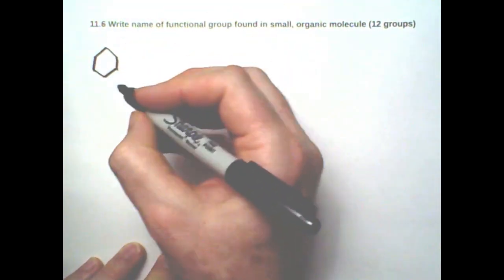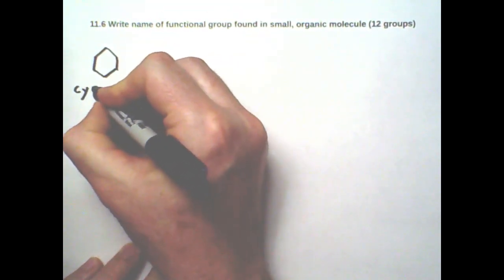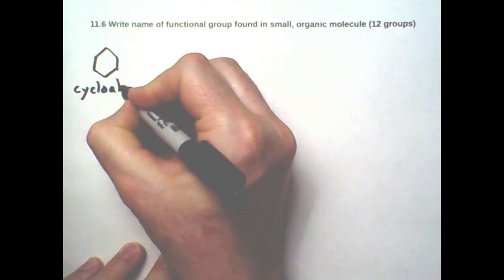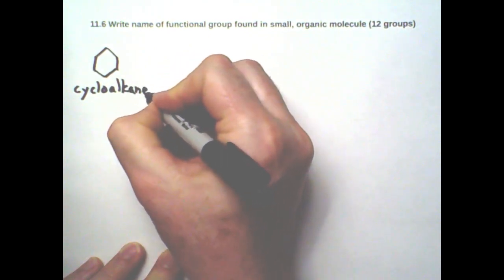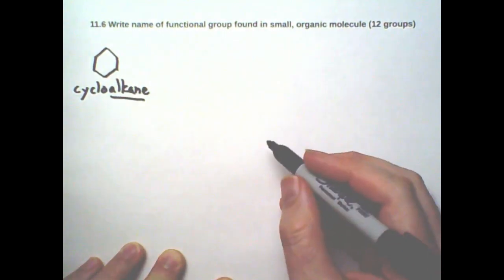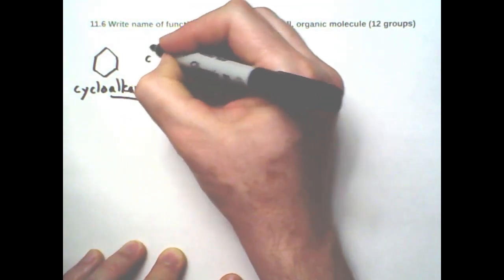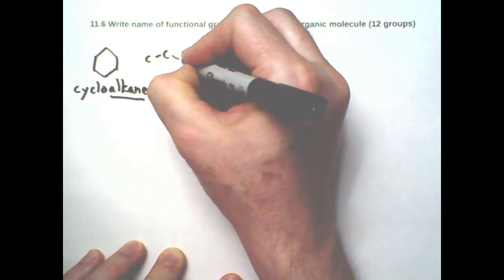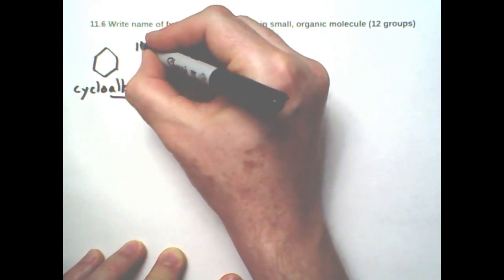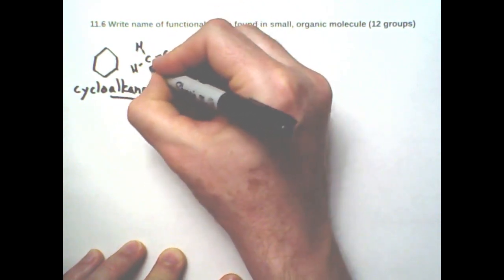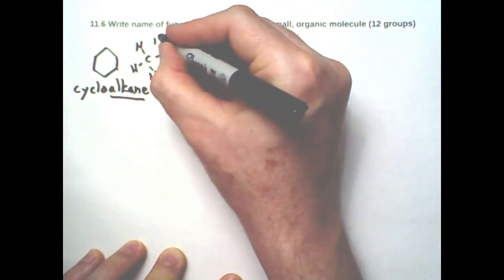This could be called a cycloalkane, or possibly could just be labeled as an alkane. How about this?